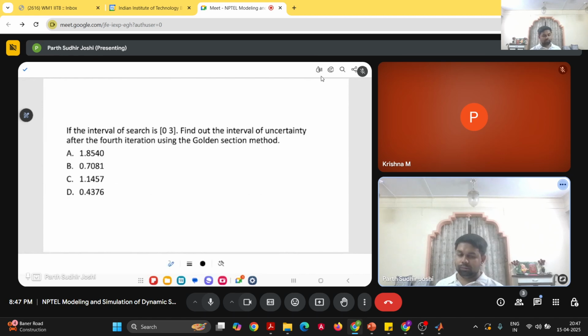Now in our next question, we are using the golden section method. The interval of search is 0, 3. So find out the interval of uncertainty after the fourth iteration using the golden section method.